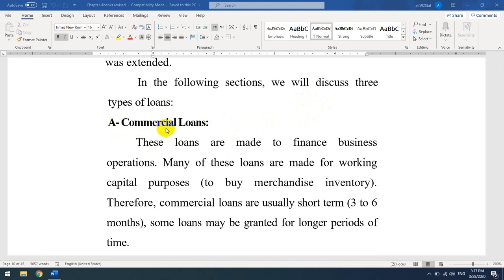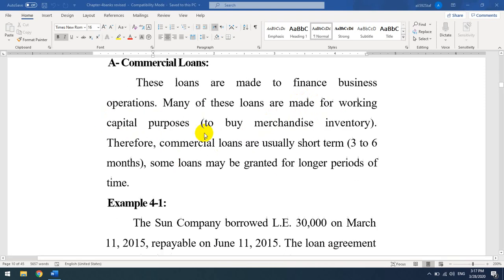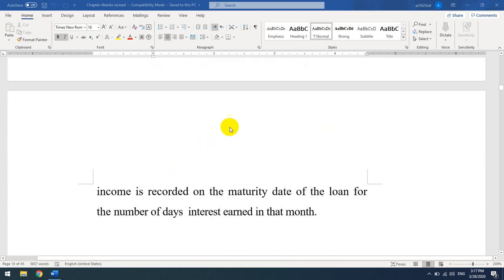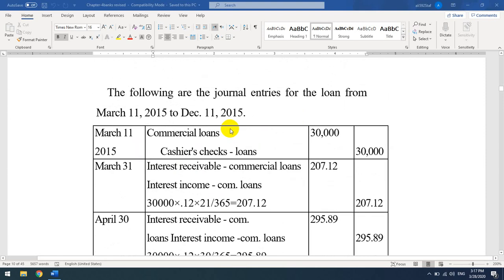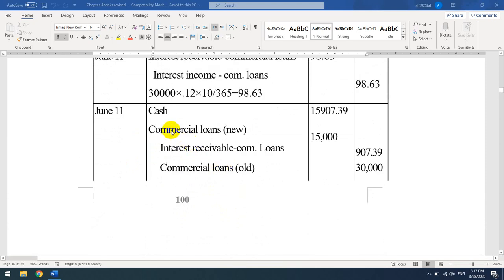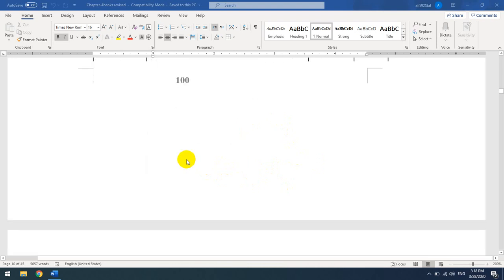The first type is the commercial loans, and we learned how to record the issuance of the loan, how to compute the interest earned of that commercial loan, and how to record the issuance and the accrual of the interest on commercial loans, and how to record the repayment of the commercial loan too.